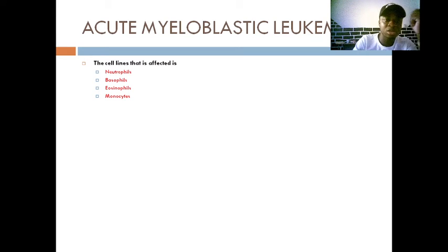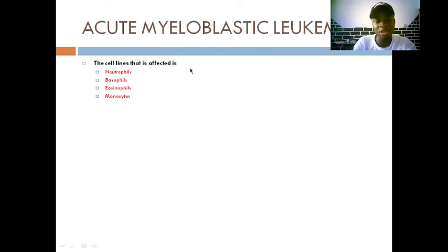So let's talk about acute myeloblastic leukemia. The cell lines affected are the neutrophils, the basophils, the eosinophils, and monocytes. These are all WBCs. Remember that the myeloblasts, or the common myeloid progenitor cells, give rise to all these mature cells, so all these are affected.